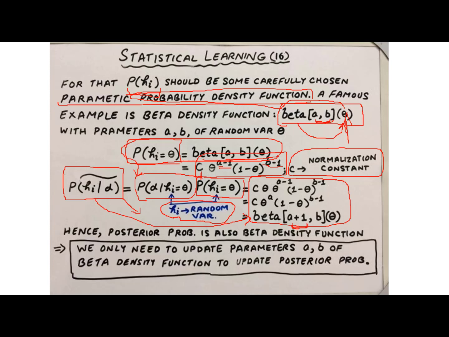So in each iteration of the Bayesian learning, all we need to do is to update the parameters of the same density function, and that makes computation particularly easy and efficient.